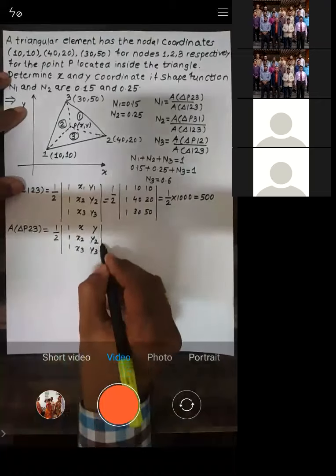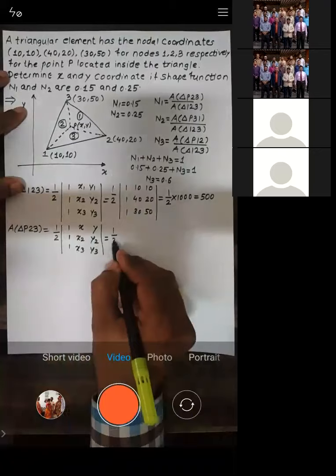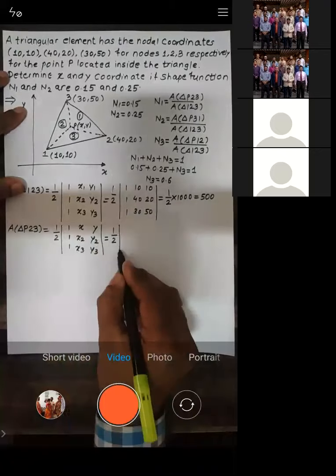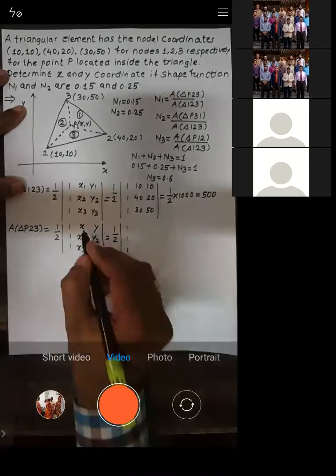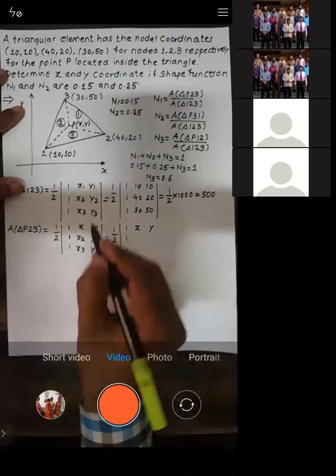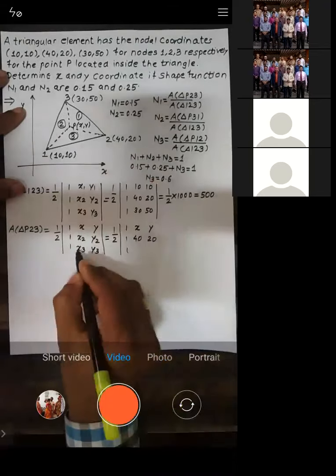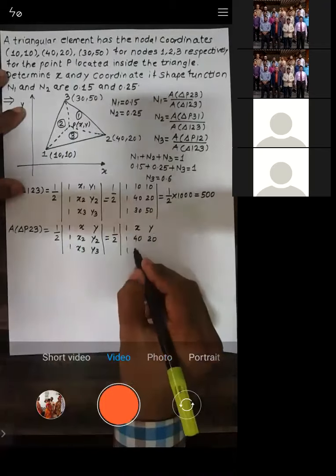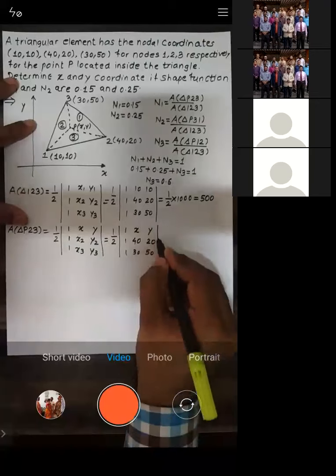So it is half into the determinant of 1, 1, 1, then the X and Y coordinates: X2, Y2 is 40, 20, and X3, Y3 is 30, 50. Is it okay?